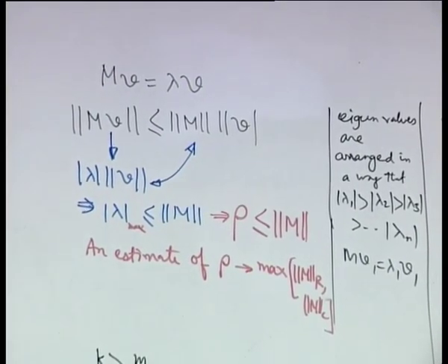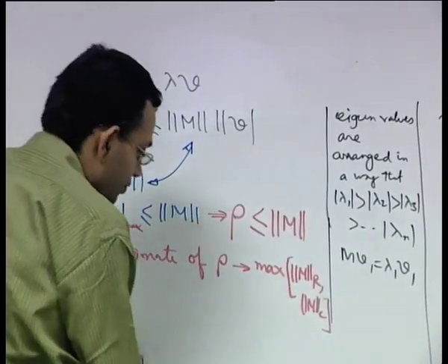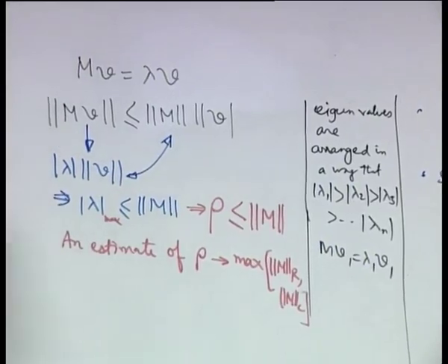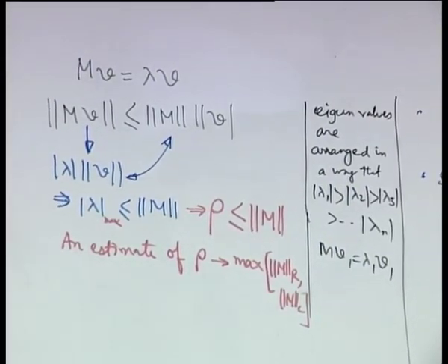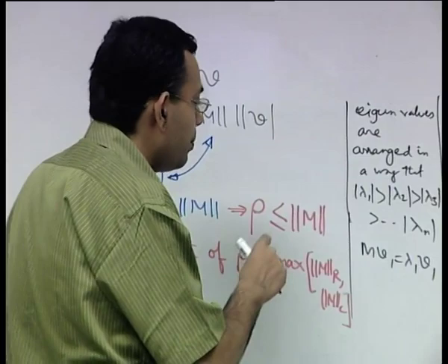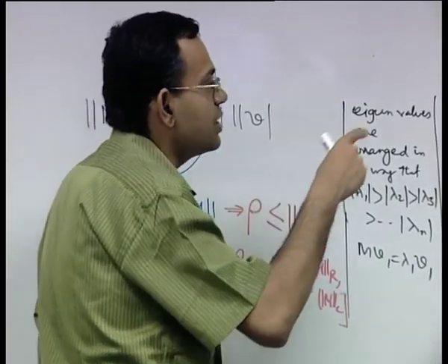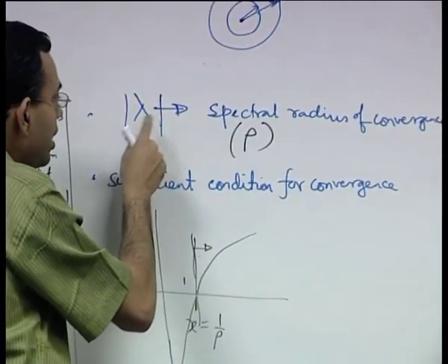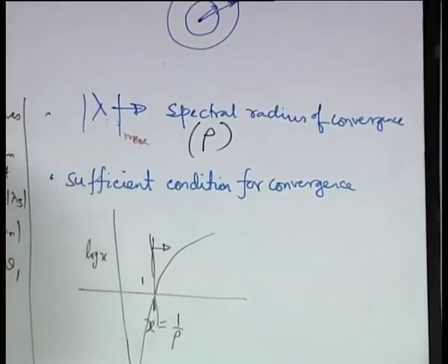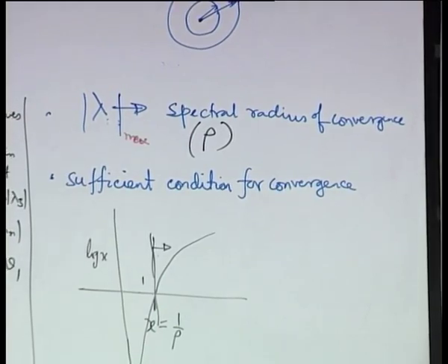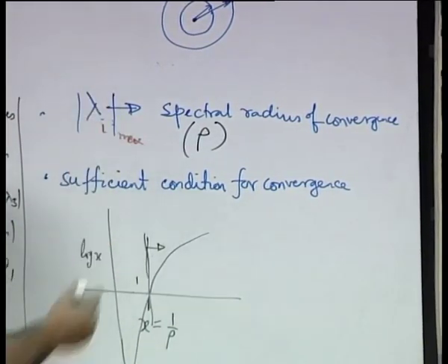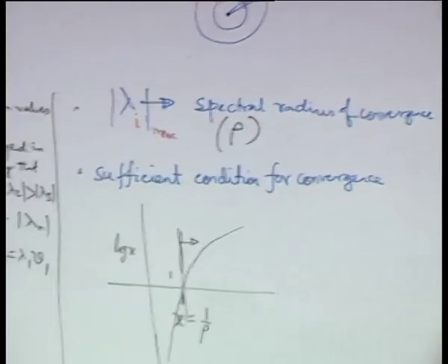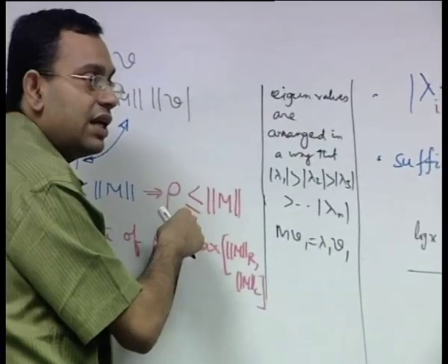That is, out of these two types of norms, whatever norm is the maximum one, remember that you have to keep the maximum of the lambda, mod lambda maximum out of all lambda i's, less than 1, and the norm of M is always greater than that one.